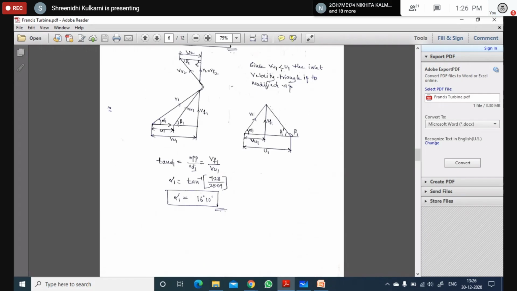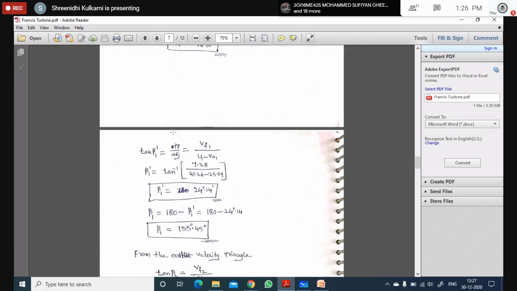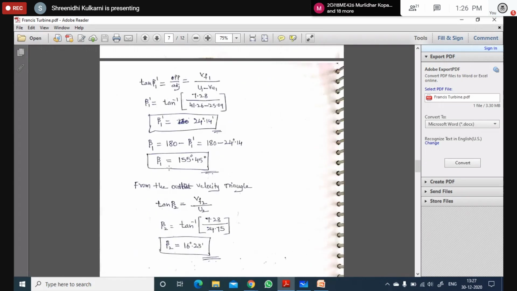Here it is less than 90 degree, but now it is greater because the direction is changed. So that is beta 1. I hope you understood how to calculate beta 1 dash as well as beta 1.